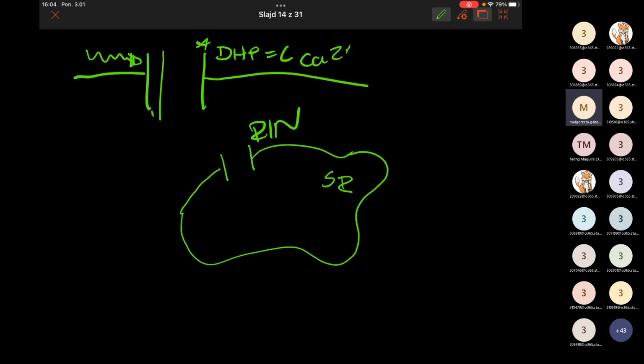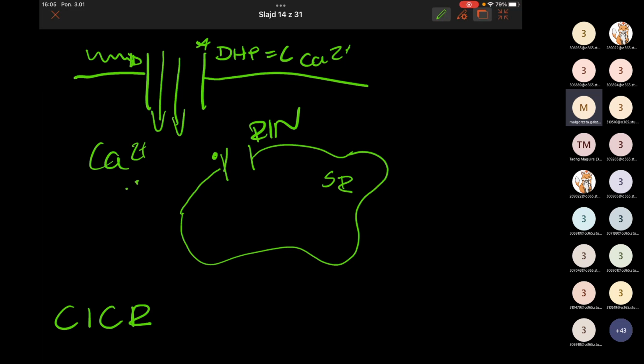Because of that, we observe calcium influx into the cell, and this influx through the L-type calcium channels triggers a condition known as calcium-induced calcium release, which is characteristic of cardiomyocytes.